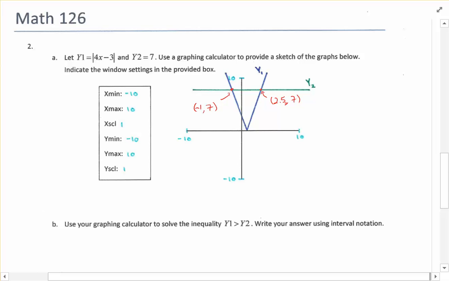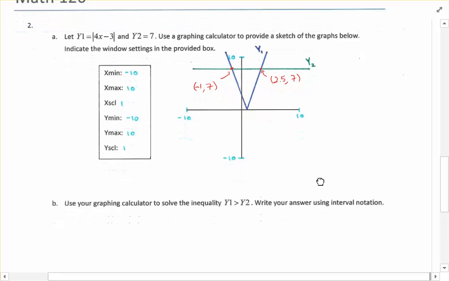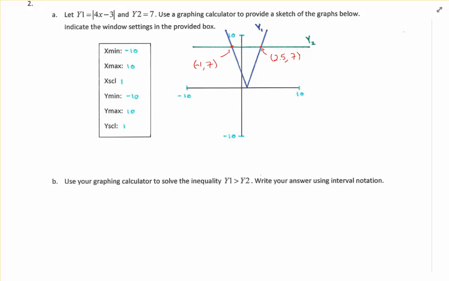going to the inequality now, let's look at how to interpret it using these graphs. When we want to solve the inequality, y1 is greater than y2, reading this from left to right, that's how you would say it, y1 is greater than y2.